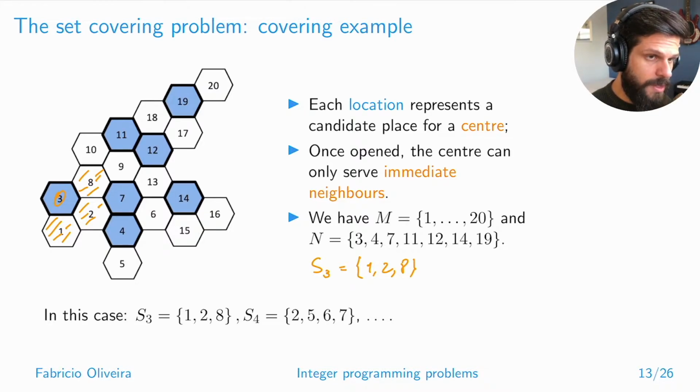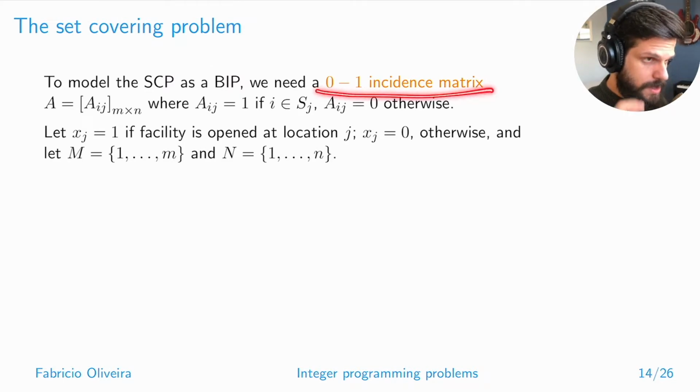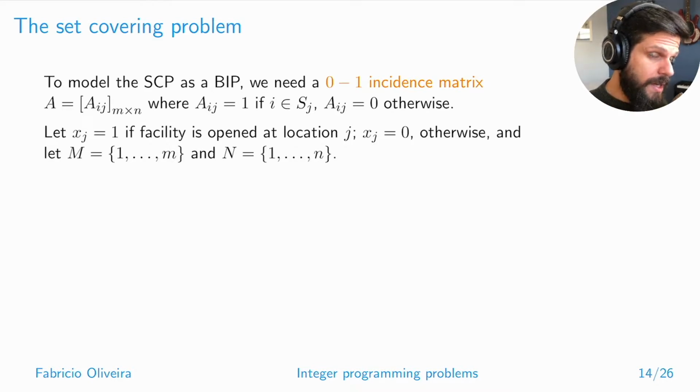I think the main difference from what you've been seeing up to now is the presence of this element, which might be somewhat confusing. This sort of matrix is going to appear all the time when we talk about combinatorial optimization and covering problems. To model the set covering problem as a binary integer program, we need this incidence matrix, which works exactly like the incidence vector we had before.